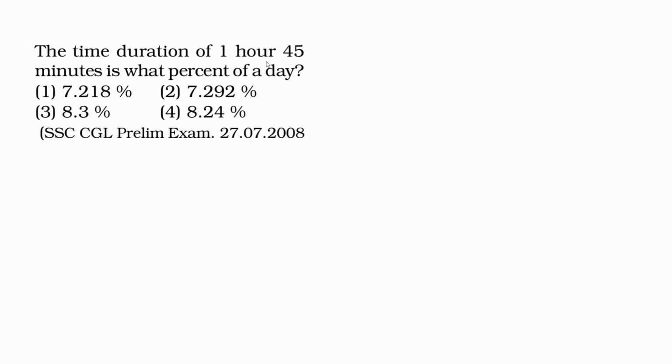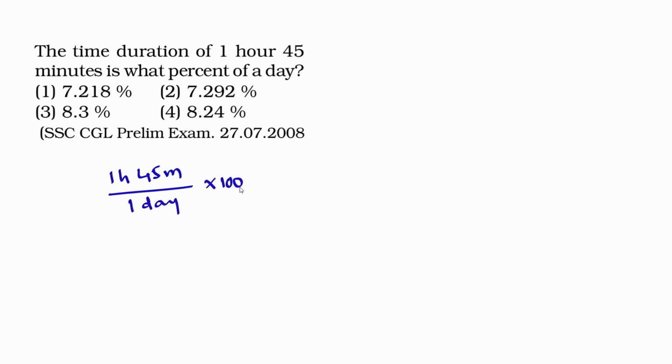The time duration of 1 hour 45 minutes is what percent of a day? This is just a basic percentage question. So we just need to calculate 1 hour 45 minutes by 1 day times 100.